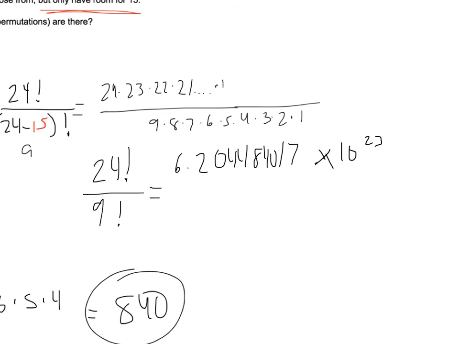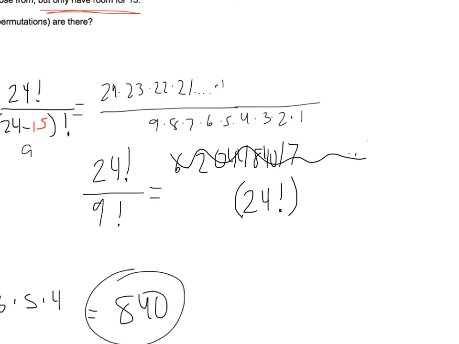So instead of sticking with that, here's what I think we should do. Go back and clear out your calculator. And now what I want you to do in your calculator is type in this: parentheses 24 and then go ahead and go to math, over to probability, down to the exclamation point, and then hit that, which is factorial.